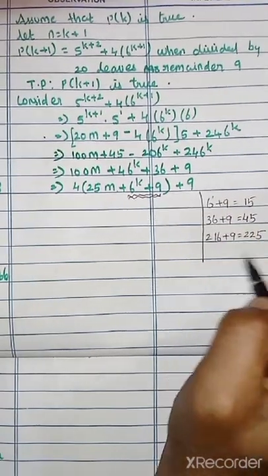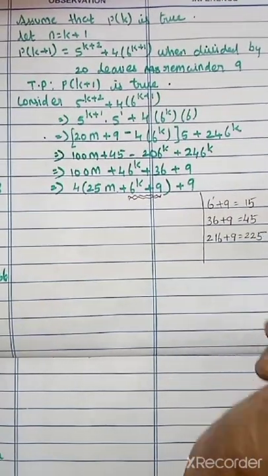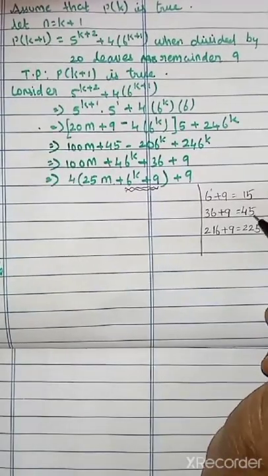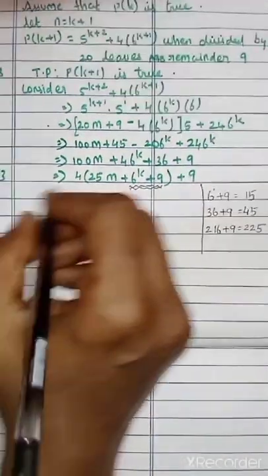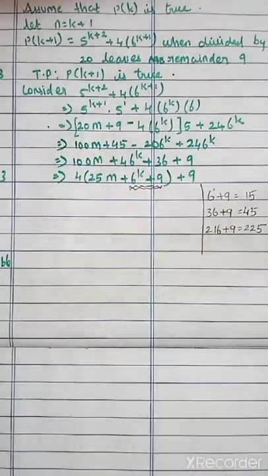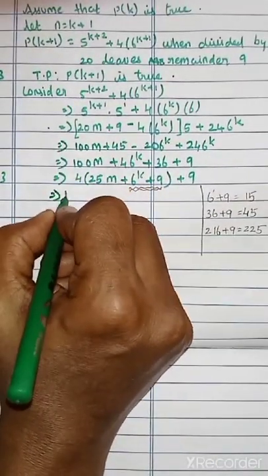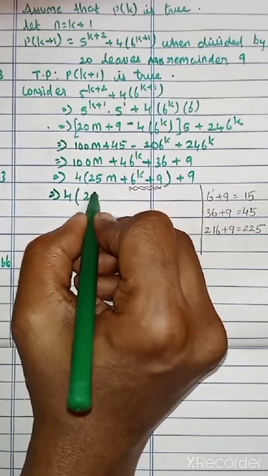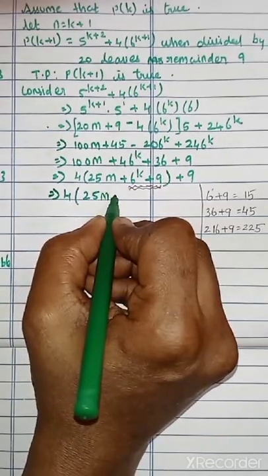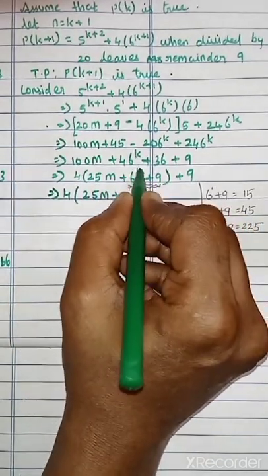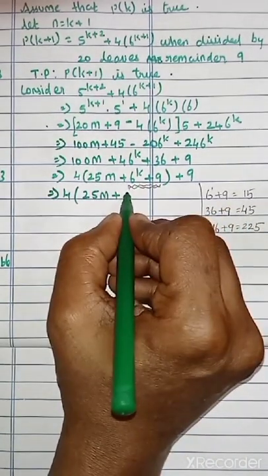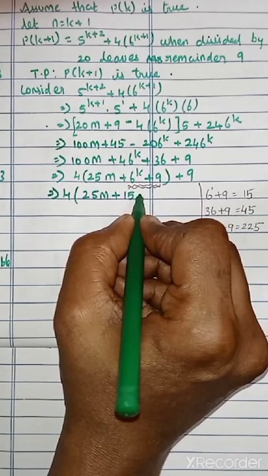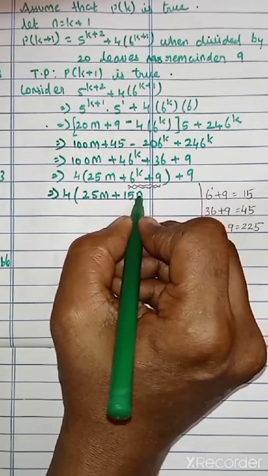This is all a multiplication of 15, correct? 15, 45, 225 are multiples of 15. So how can we write this one? 4 into 25m plus, instead of this 6 power k plus 9, this is a multiplication of 15, no? So we can take it as some 15 into n, right?